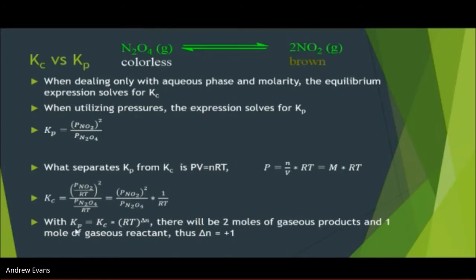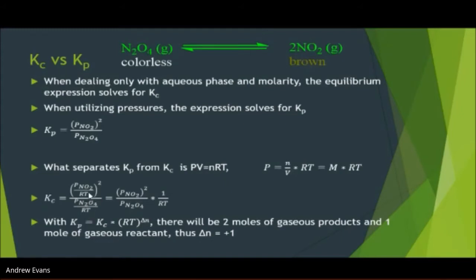So the generalized conversion is Kp equals Kc times RT to the delta n. So what is that delta n? The delta n is the overall moles of products minus reactants, because each side would be times RT for every mole you convert. In this case, there are 2 products and 1 reactant.